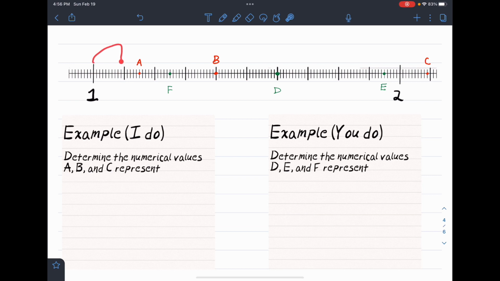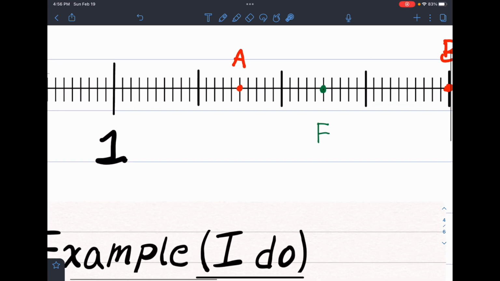So for instance, we go 1, 2, 3, 4, 5, 6, 7, 8, 9, 10. So those next biggest vertical lines represent steps of 1/10. And if we zoom in even more, the little ones, 1, 2, 3, 4, 5, 6, 7, 8, 9, 10, they represent 10 divisions of the interval of length 1/10.